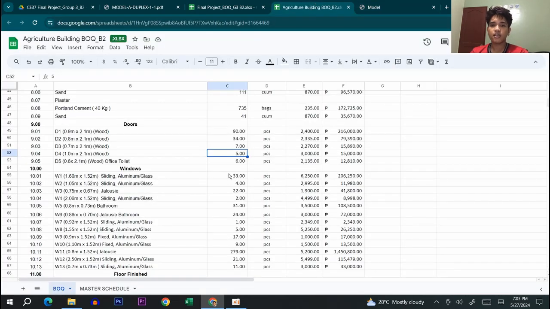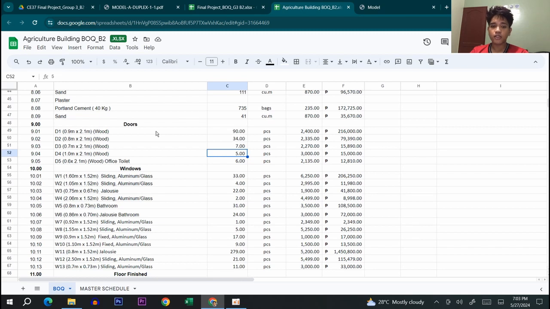Since I did the architectural plan for the midterms project, I also did the architectural parts of the bill of quantities estimate. So we'll be discussing item number 9 and item number 10, which is focused on doors and windows. We have door 1, 0.9 by 2.1 meters, wood.